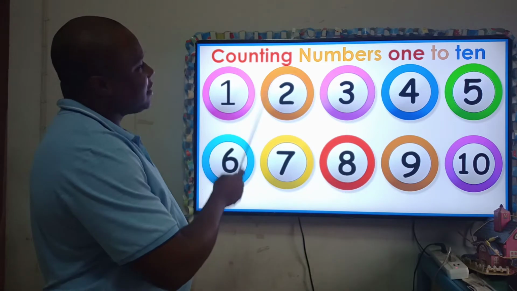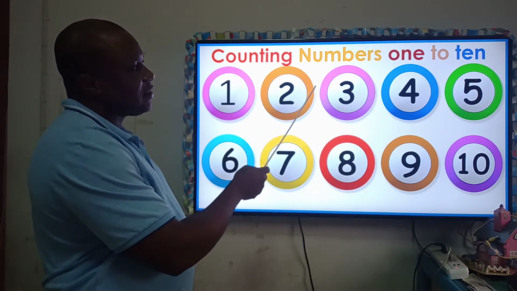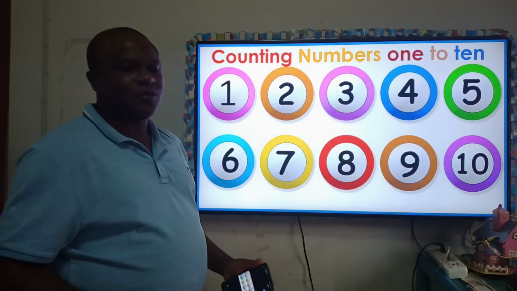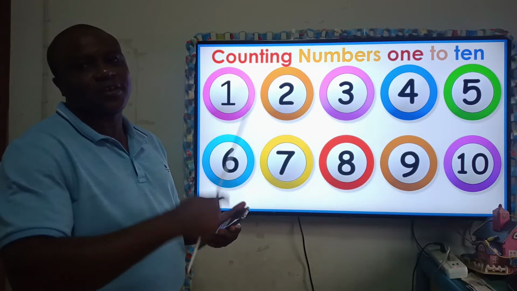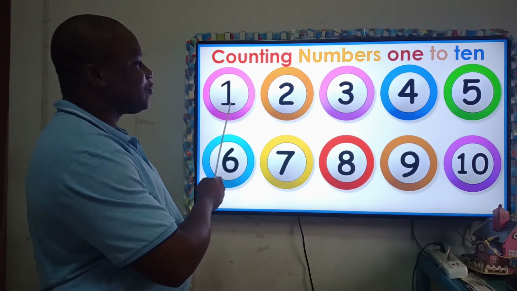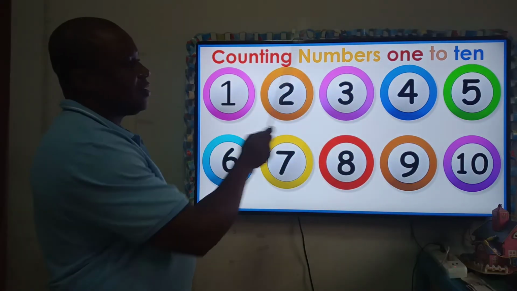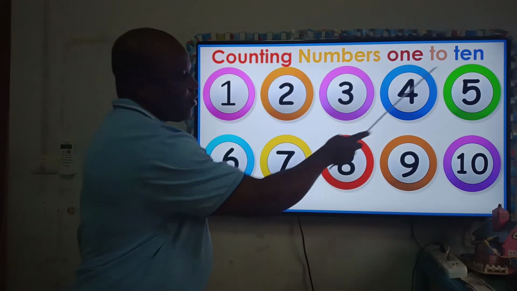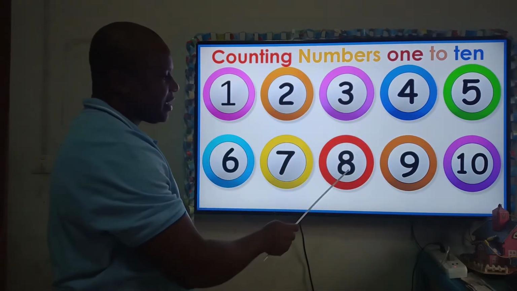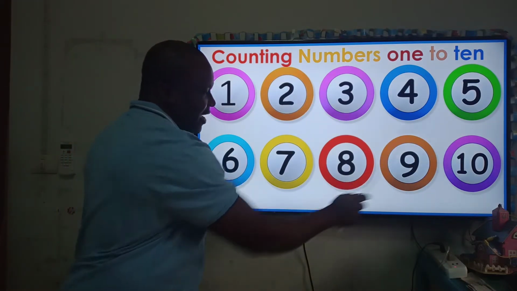When you look at this one, counting numbers 1 to 10, that is familiar to everybody. We know that we start from 1, 2, 3, 4, 5, 6, 7, 8, 9, 10.